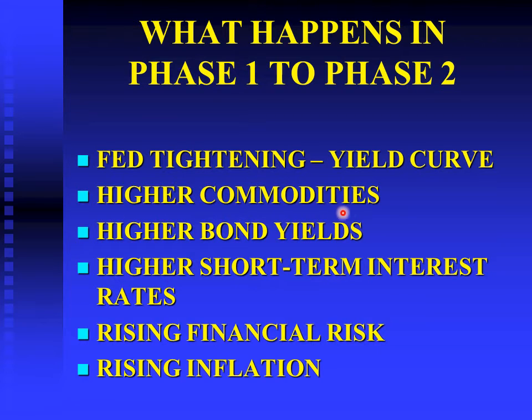Commodities, as the economy improves, start rising again. Of course, rising commodities are associated with higher bond yields and therefore lower bond prices. Short-term interest rates rise, financial risk rises, and then, of course, you have rising inflation.